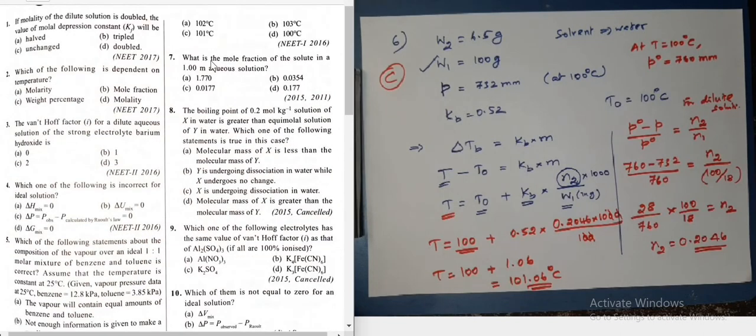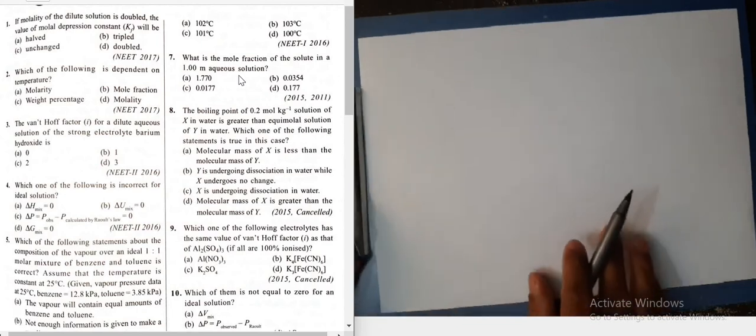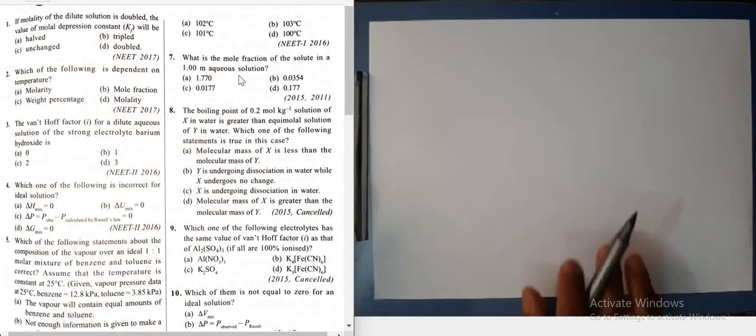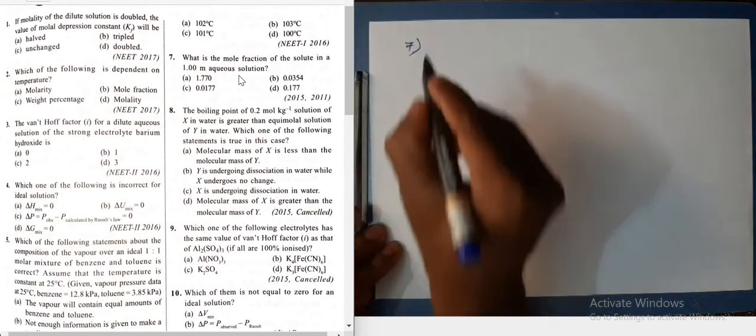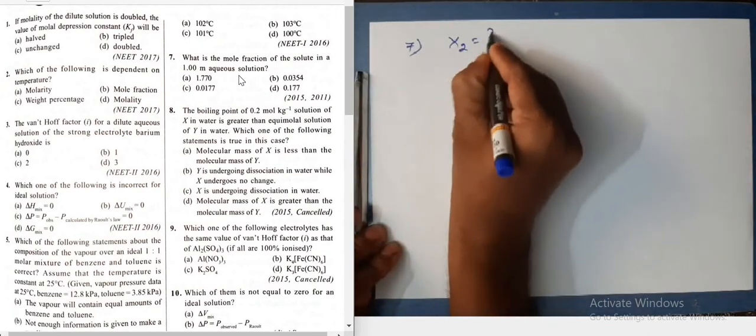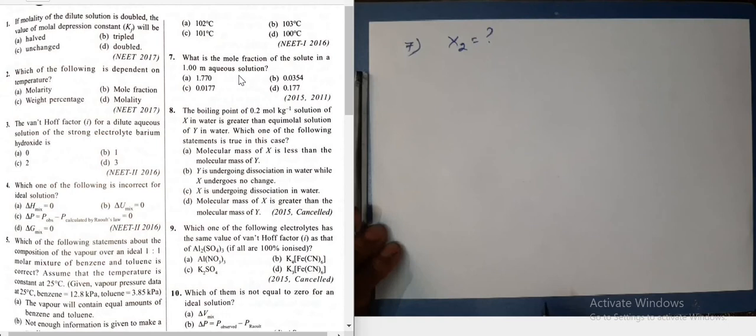What is the mole fraction of solute in 1 molal aqueous solution? The solute is not mentioned, but it is given as an aqueous solution. How to proceed with this type of problem? This is again a very simple problem, students. They are asking for the mole fraction of solute, that is, X2.